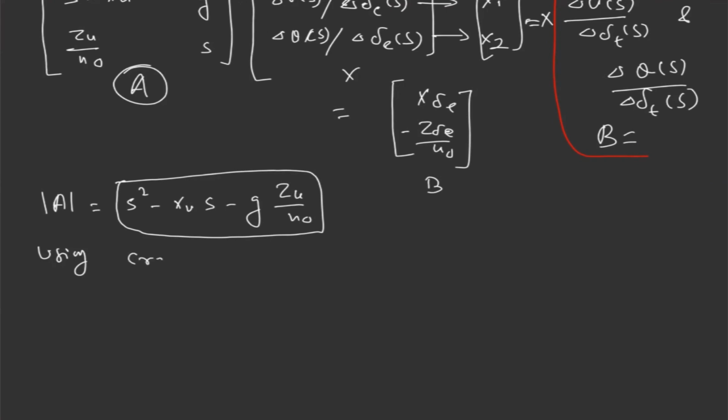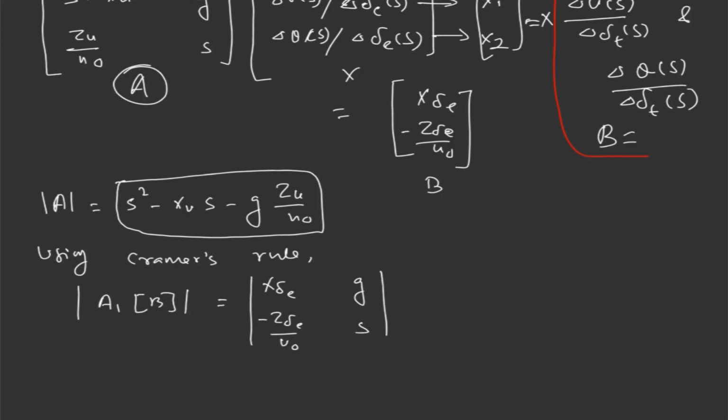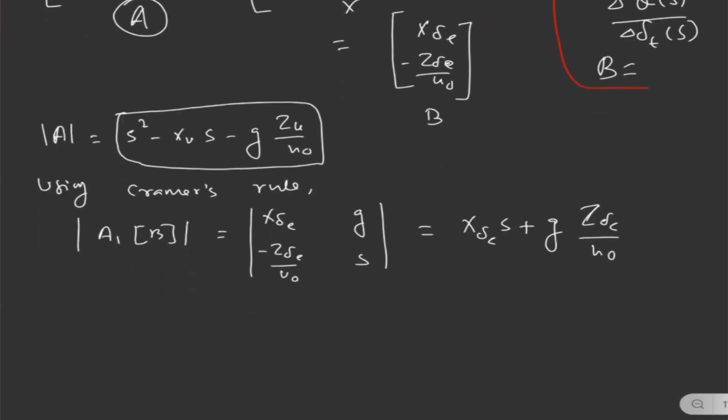So using Cramer's rule, we can find A1, B. This matrix can be formed as X delta E, Z delta E divided by U naught, and S. The determinant of this comes out to be X delta E s plus G Z delta E divided by U naught.